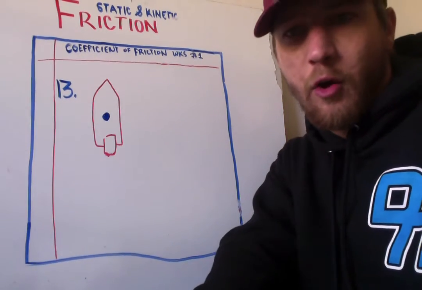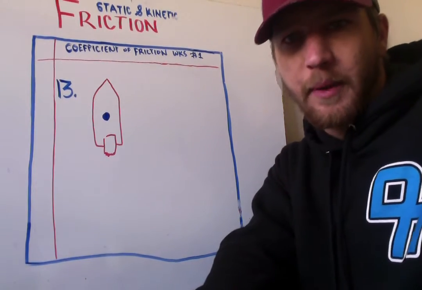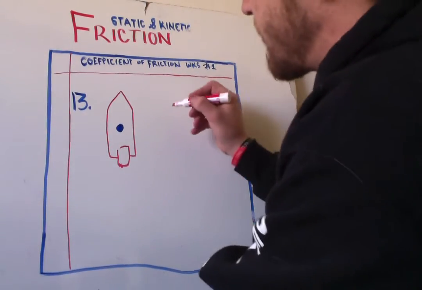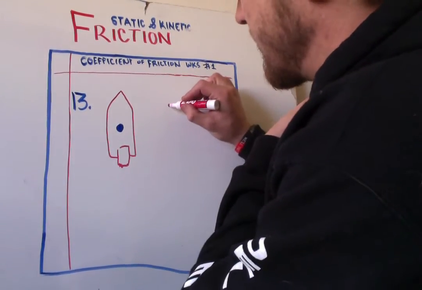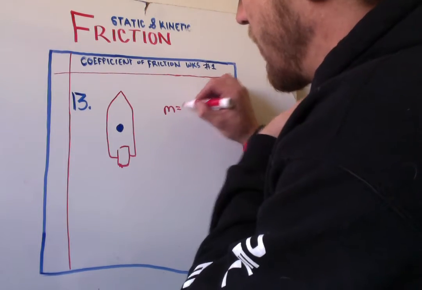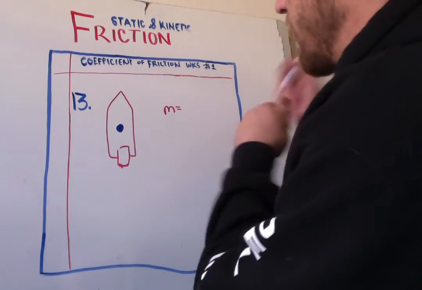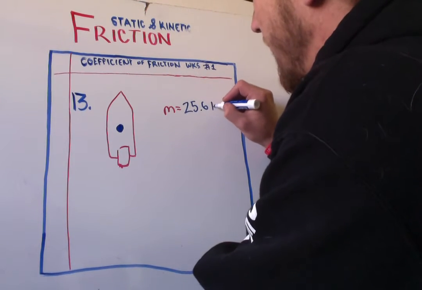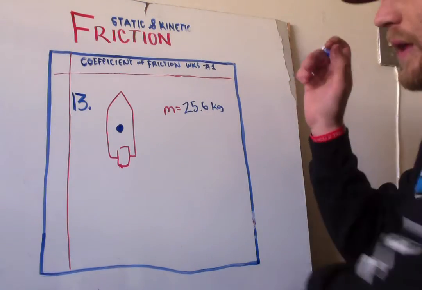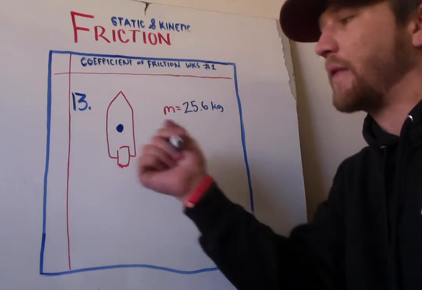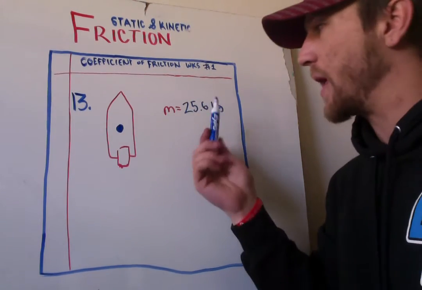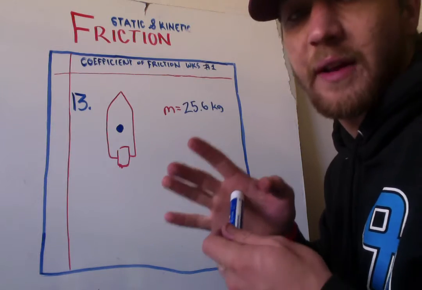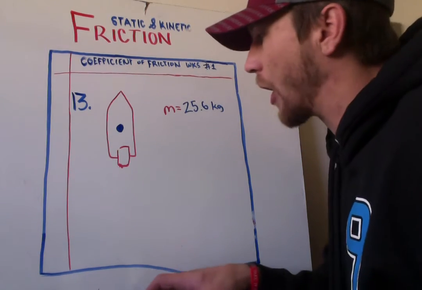So we already know that the mass of this rocket equals 25.6 kilograms. And remember, with any type of physics problem, all of the equations are set up to work with a mass that's in kilograms. So if your mass is not in kilograms, convert it to kilograms. Otherwise, it won't really work.